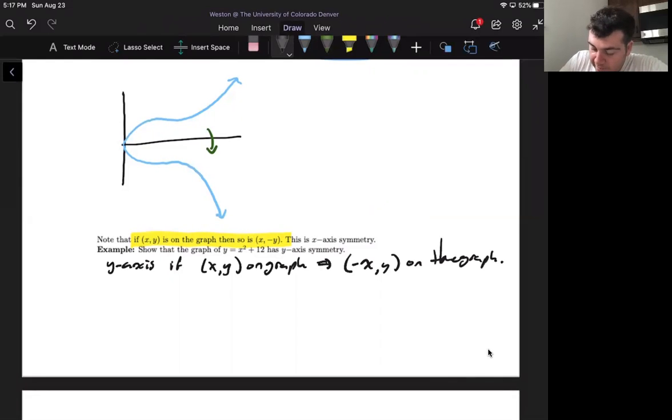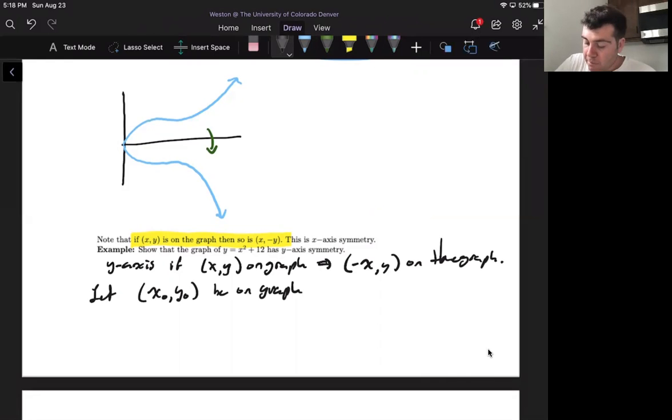And so we'll say, let x naught, y naught be on the graph. So we want to make sure we're doing this without making any assumptions on what x naught and y naught are besides just being on the graph.